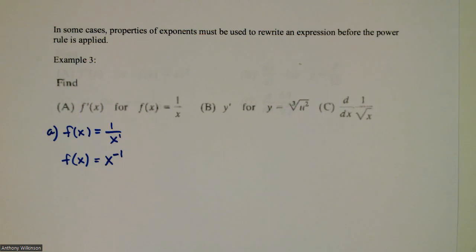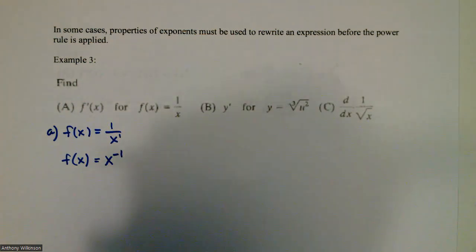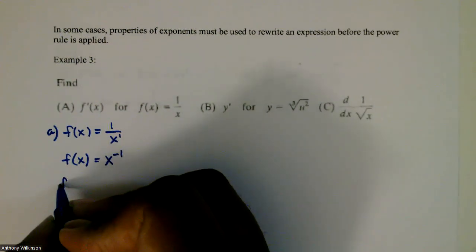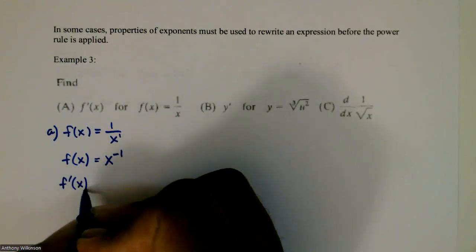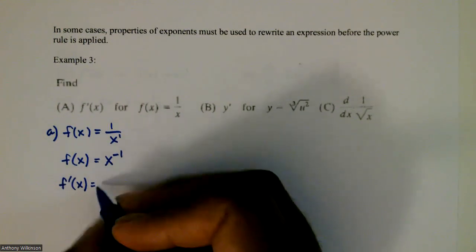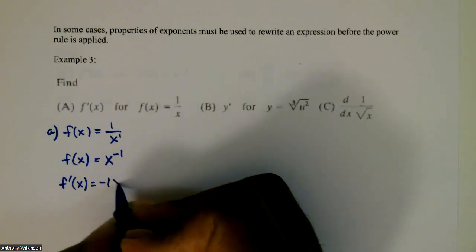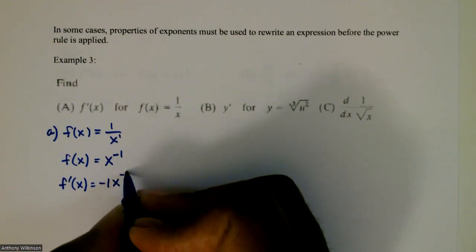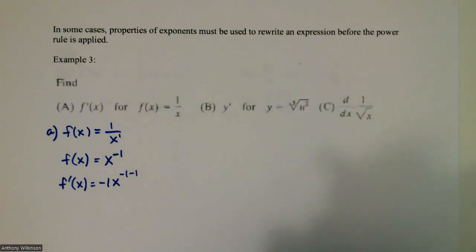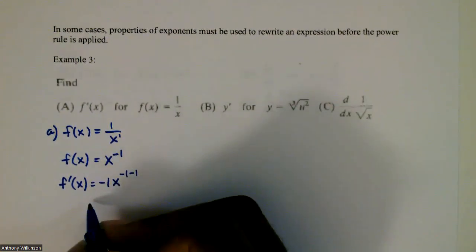Okay. Now, there are some rules that you do need to get familiar with as well. Now, for f prime of x, we're going to apply that power rule by bringing the exponent in front, so it'll be -1, copy the x over to the -1 minus 1 power. And -1 minus 1 would be -2.